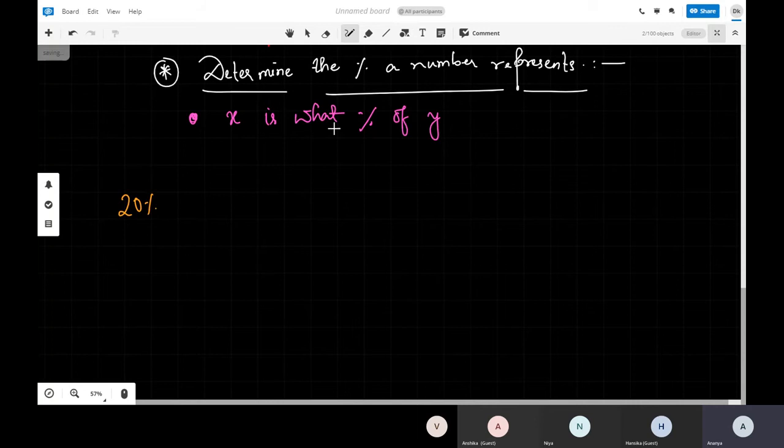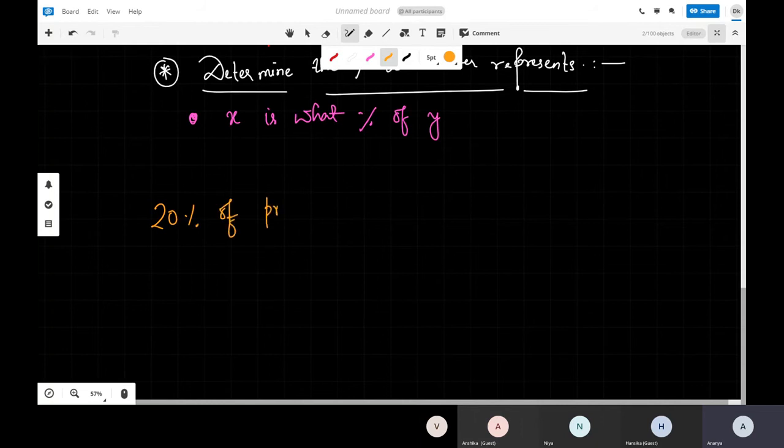So what do you guys have to do? You would have to find out that 20% of the price of that dress would be how much, right? Isn't it?